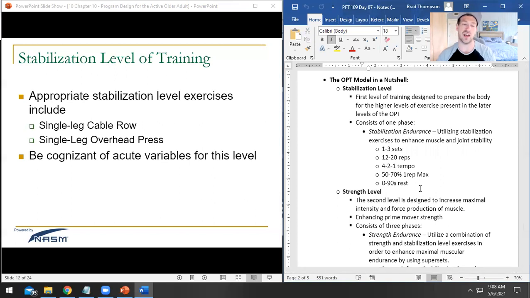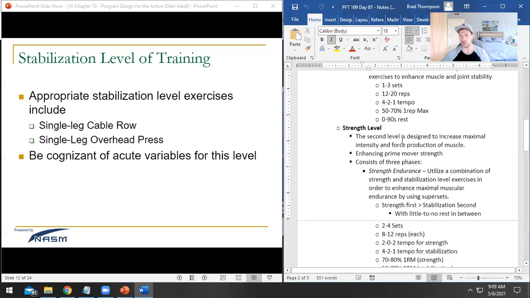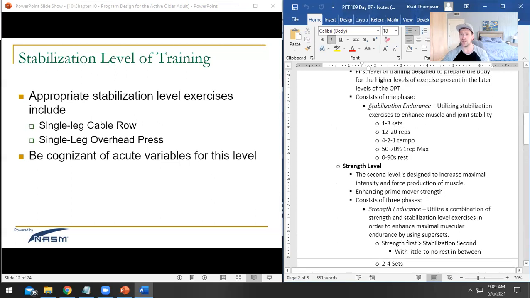Any of those, it doesn't matter. We're going to do an unstable version of those 5 primary movements. And so this only consists of one phase of training. The only phase you're going to see here is the stabilization endurance phase, which is utilizing stabilization exercises, again, to enhance muscle and joint stability.